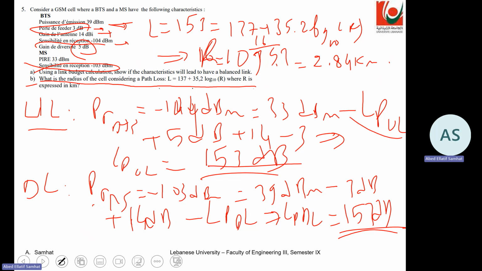And as I explained before, if it's not balanced with the budget, where the path loss is smaller, the radius of the cell will be less, and that's why in this case one of the communications will not work properly. I hope it's clear for you.